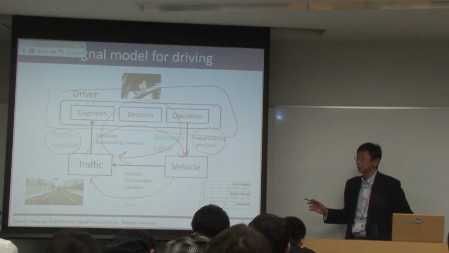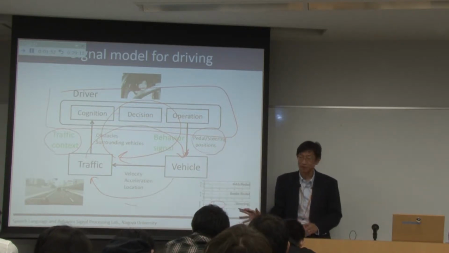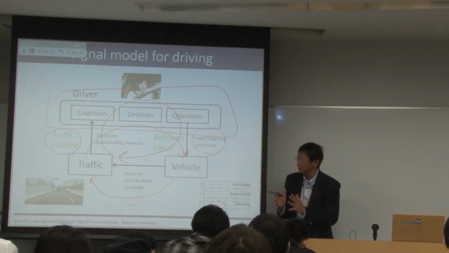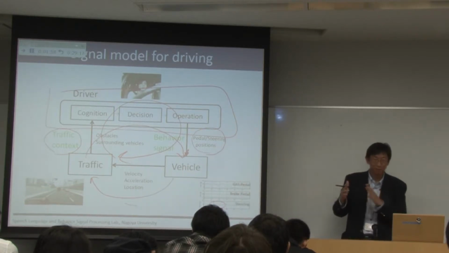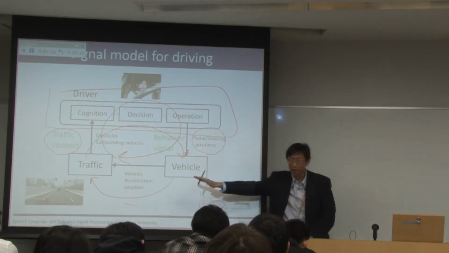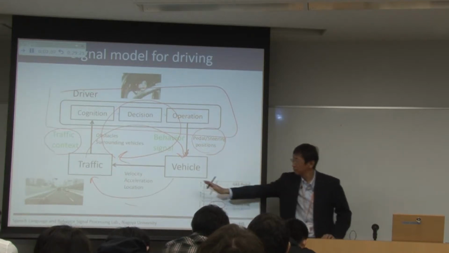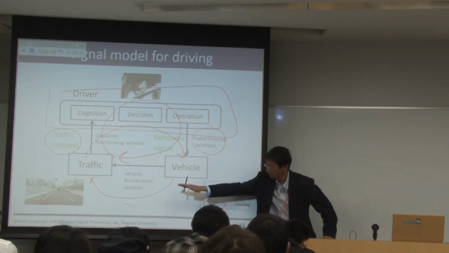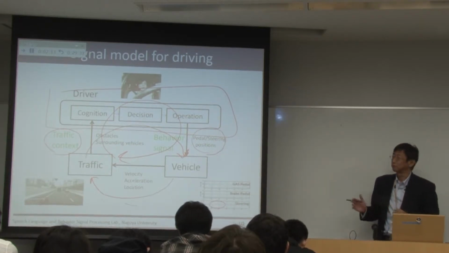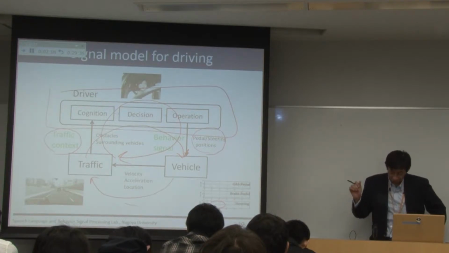Probably Professor Suzuki will talk about that, but in order to control a system that consists of two different components, it becomes a very complex problem. We need to control both this and this, but you can hardly control the traffic itself. But traffic, of course, is affected by it. So the vehicle controlling problem in the real world is completely complex and mutually dependent.